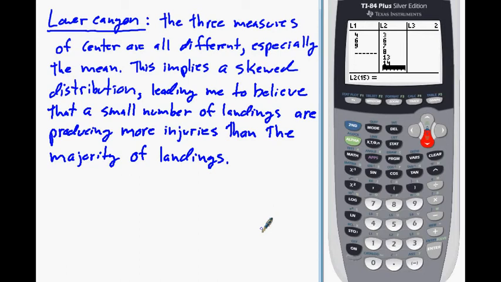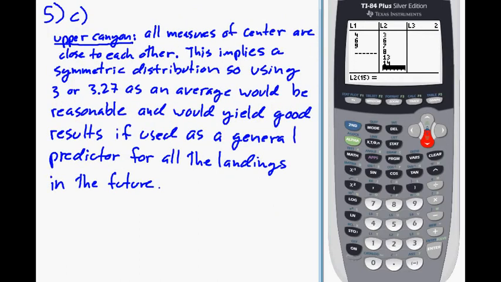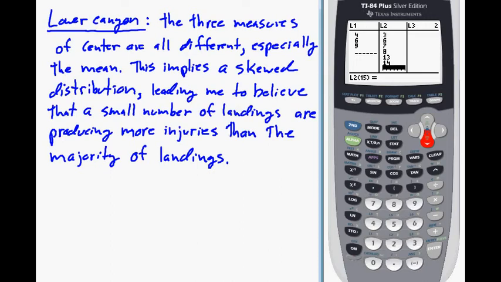So between these two, here we have the upper canyon where the mean and median seem to describe most of the data pretty well. We have the lower canyon where the mean and median are significantly different and neither perhaps are giving us a good picture of what's going on.